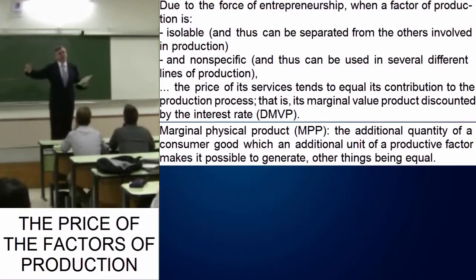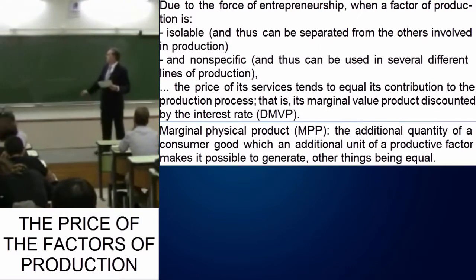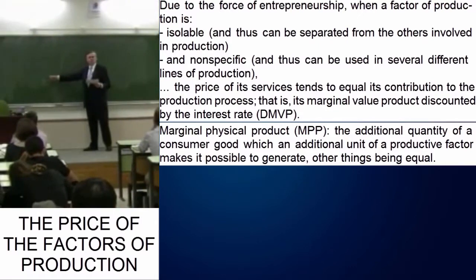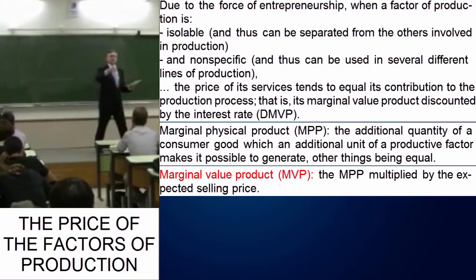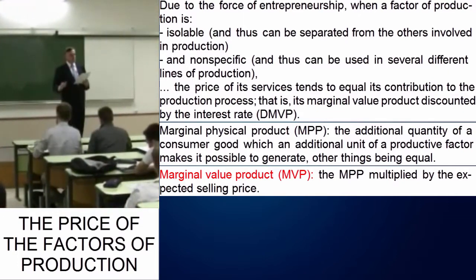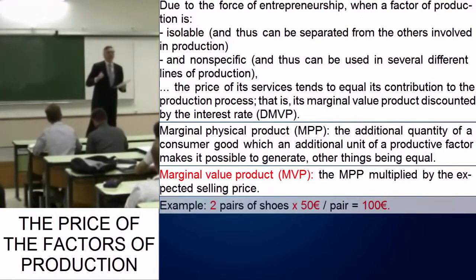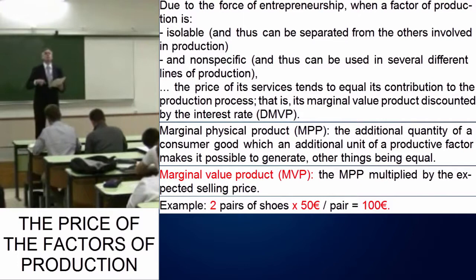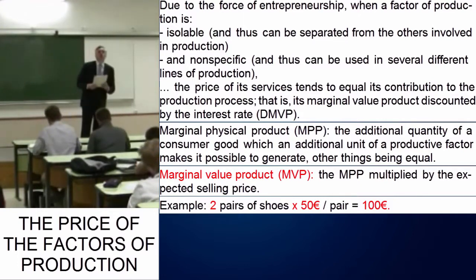Now we are ready to take another step. I have explained the concept of the marginal physical product, and now we can move forward. Our second step is to understand the concept of the marginal value product. It is quite simple. The marginal value product is equal to the marginal physical product multiplied by the expected market price. If in our example, the marginal physical product is 2 pairs of shoes, what is the marginal value product?